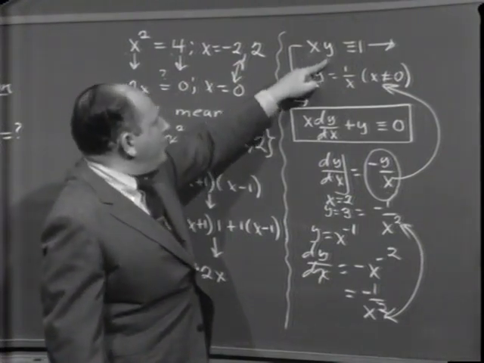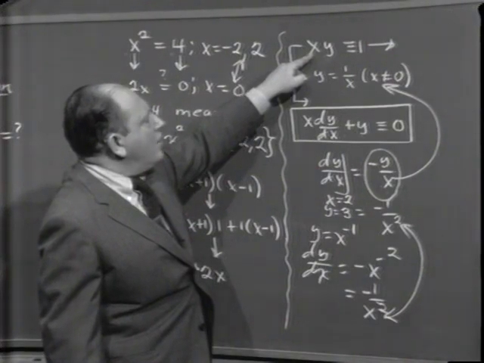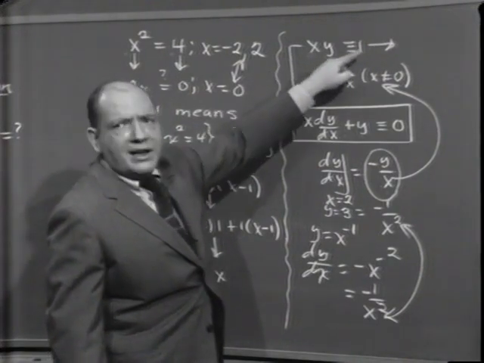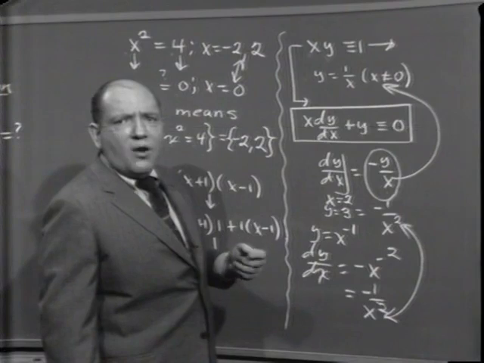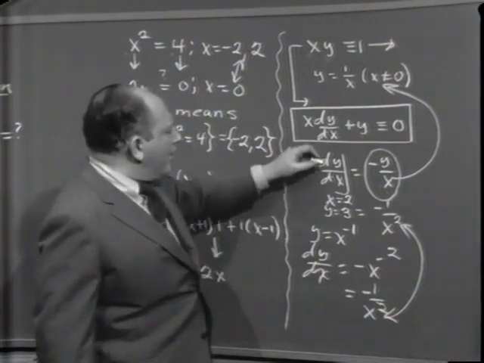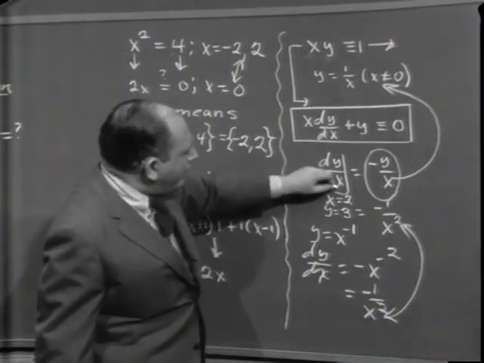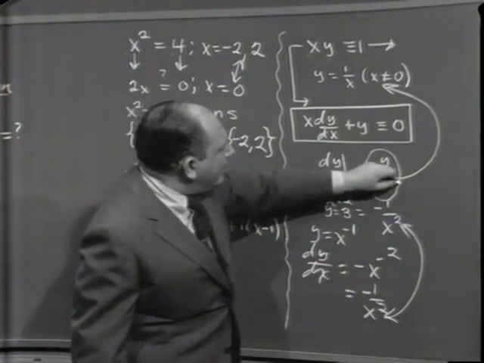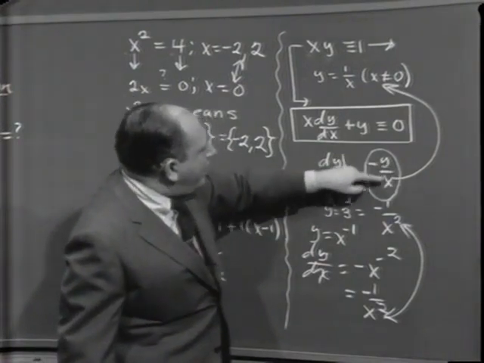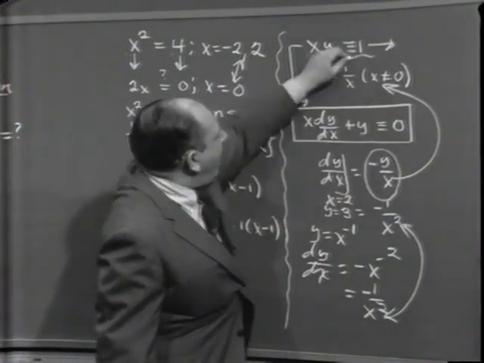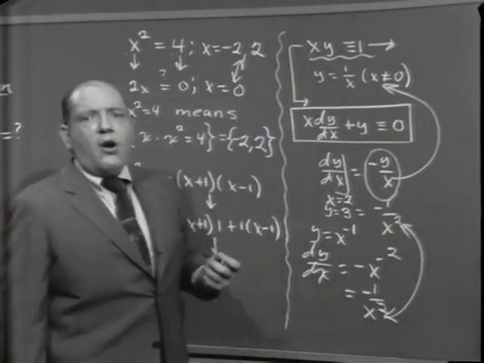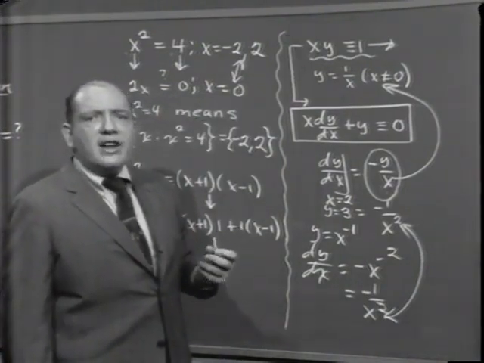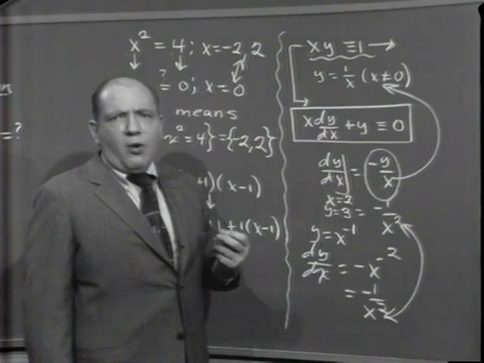Notice that as soon as we say let x equal 2, we have what? That 2y is 1 and y must be 1/2. In other words, when you use implicit differentiation, never forget that whenever you're going to compare x and y, you must go back to the equation or the identity which implicitly relates x to y.